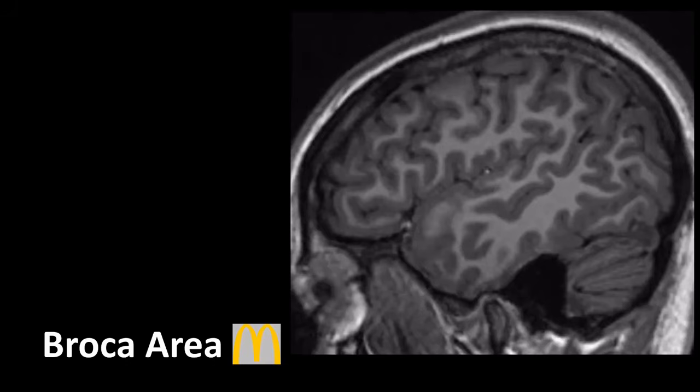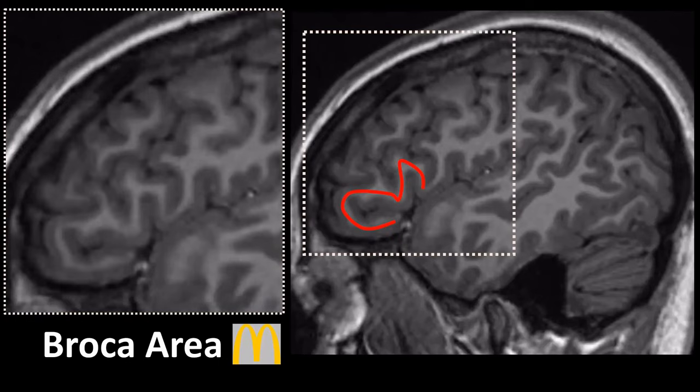So let's talk a bit more about the Broca area. The Broca area is situated in the inferior frontal gyrus, and the inferior frontal gyrus often has the shape of the letter M on sagittal images. So it's pretty easy to find, although there can be some variability, and sometimes you have to use your imagination a little bit.